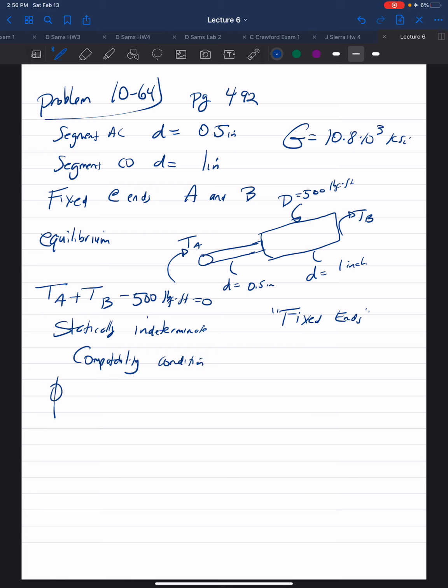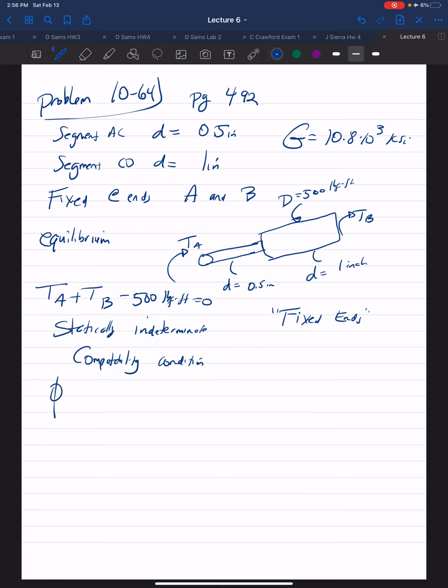So using our compatibility condition and our equation for angle of twist, this will be the torque in section AD, we'll just say TA, which we already said in our free body diagram, TA times the length, 5 inches, over J. This is a solid shaft.